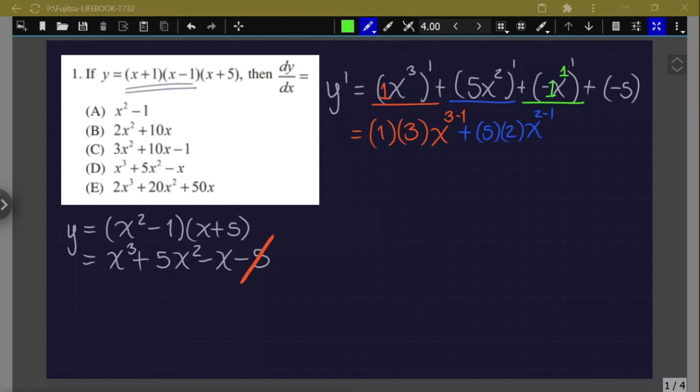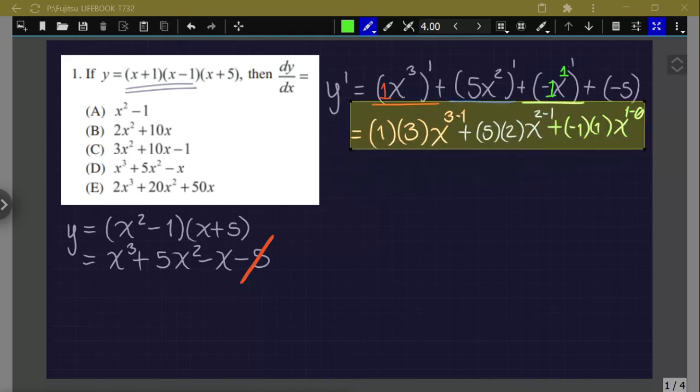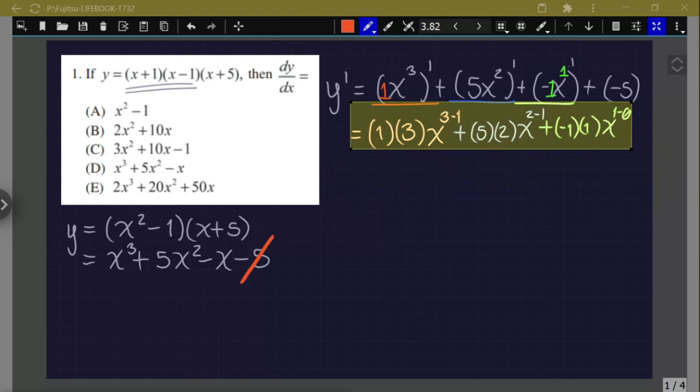You already know from algebra that variables that do not show the exponent implicitly have exponent 1. So this is going to be plus -1, the coefficient, times 1, the exponent, x to the 1 minus 1. Are we clear about that? Hopefully that is clear to you.